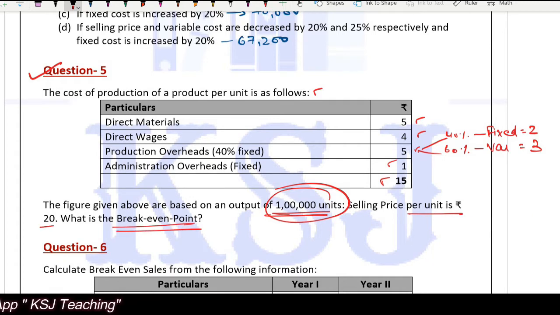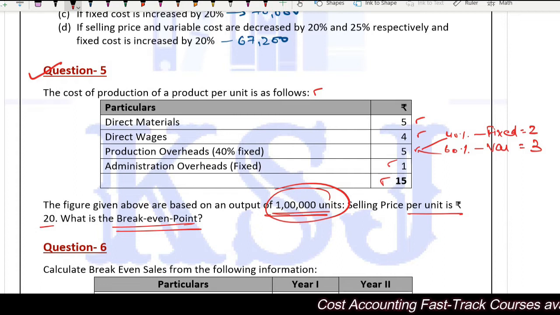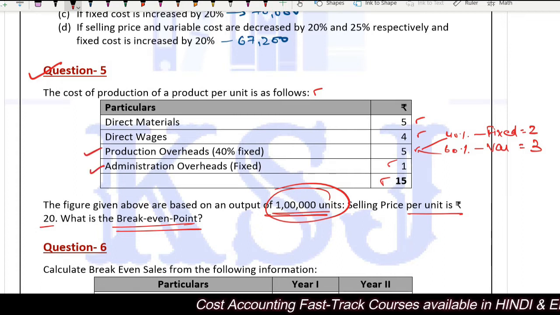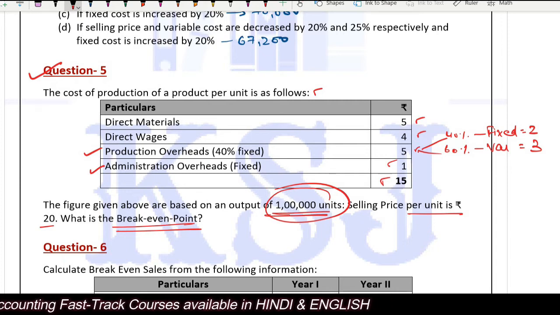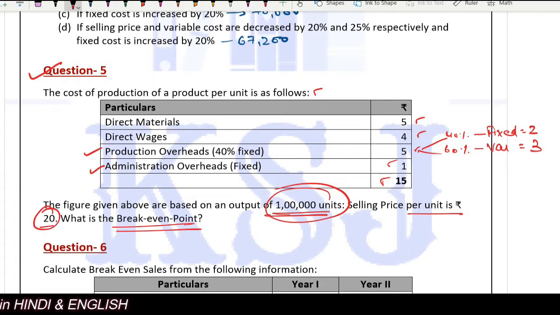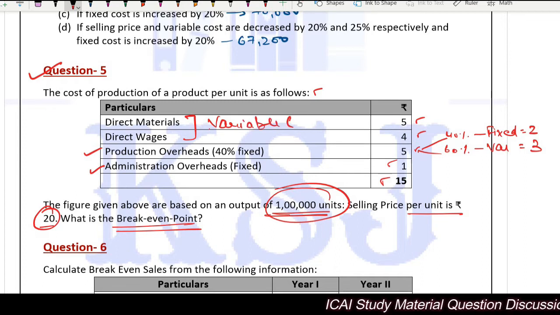Now for the break-even point, what do you need? One thing you need is the fixed cost, right? In the fixed cost, you will take the administration and the 40% fixed cost from production overheads. Another thing you need is contribution per unit. For contribution per unit, you have the selling price 20. You will calculate the variable cost. Direct material and direct cost are always your variable cost.